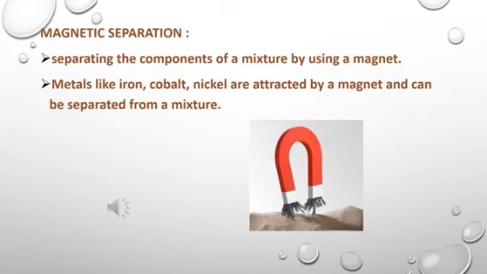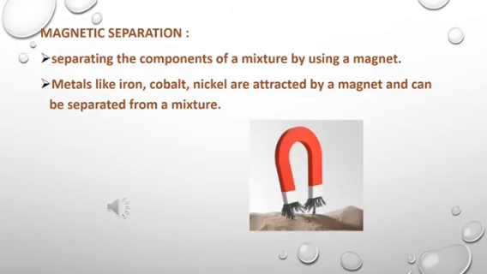The next method of separation is magnetic separation. From the word magnetic, you would have understood what it means. Separating the components of a mixture by using a magnet is called magnetic separation.